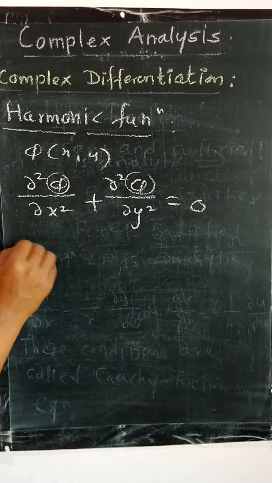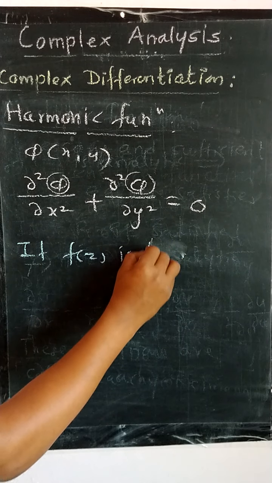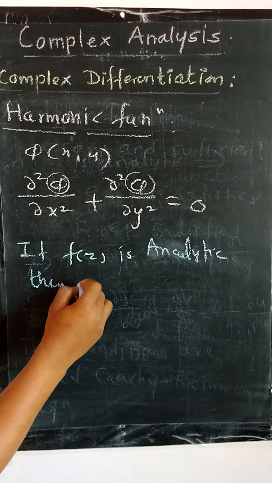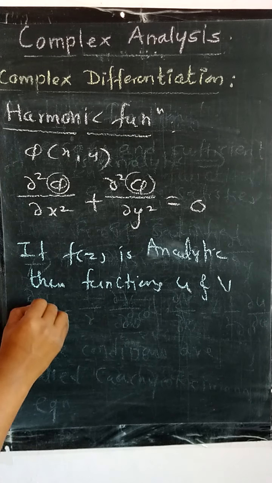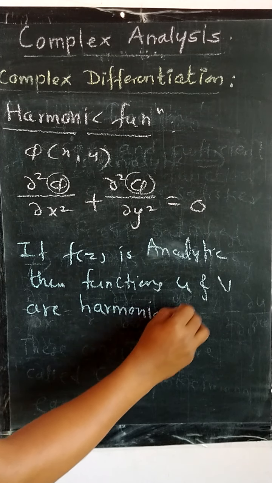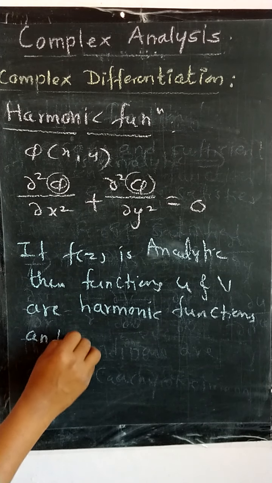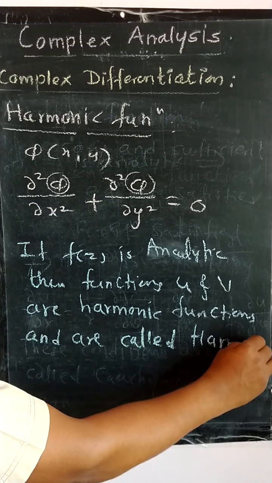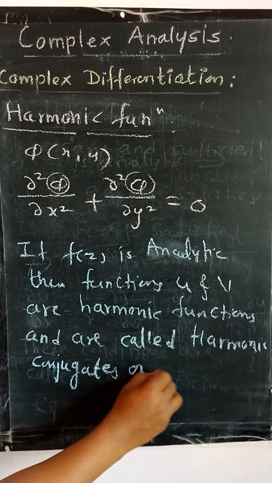If f of z is analytic, then functions u and v are harmonic functions and are called harmonic conjugates of each other.